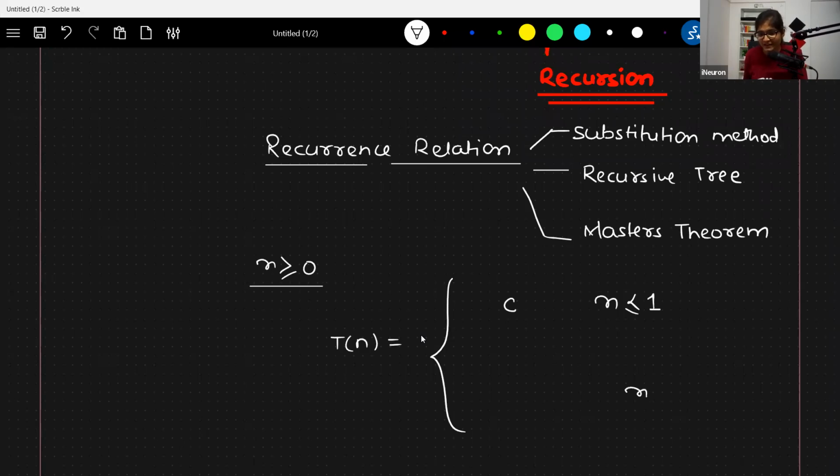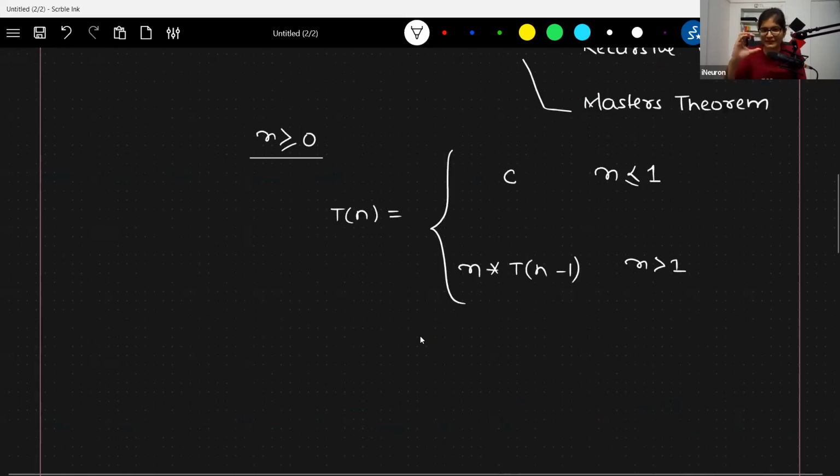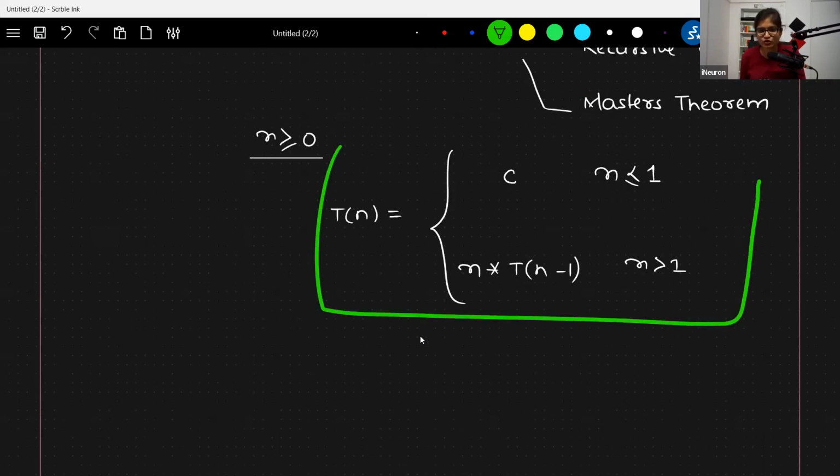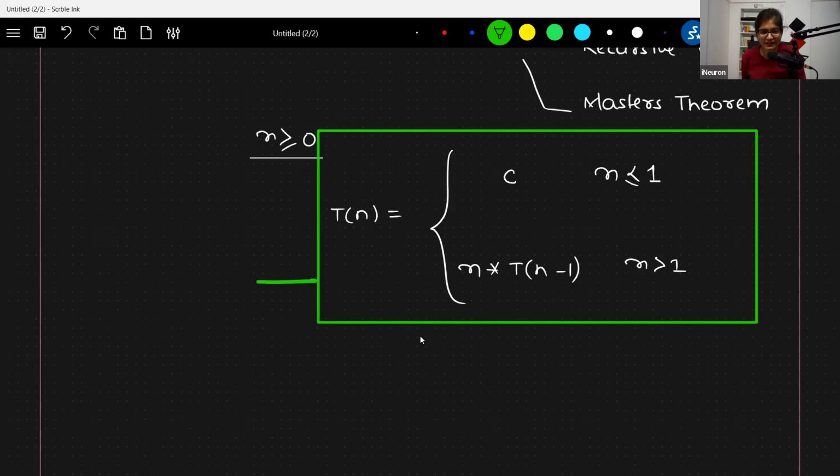And when the value of n is greater than 1, your recurrence relation will be n into T of n minus 1. This format, whenever you see such a relation, is usually called in the language of algorithms a recurrence relation.